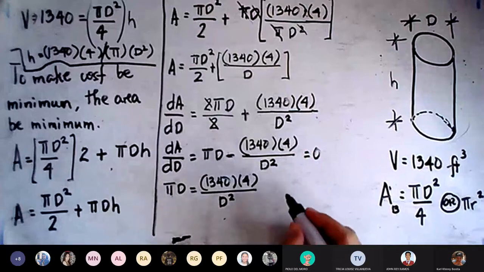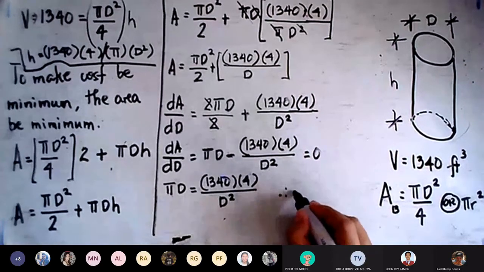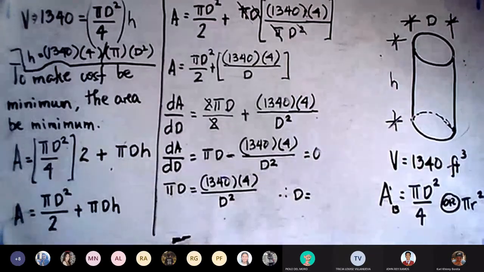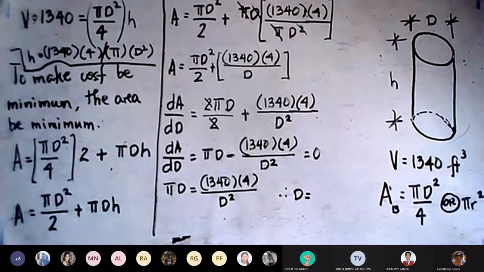And that would give us the value for d, which is equals to, let me just calculate.